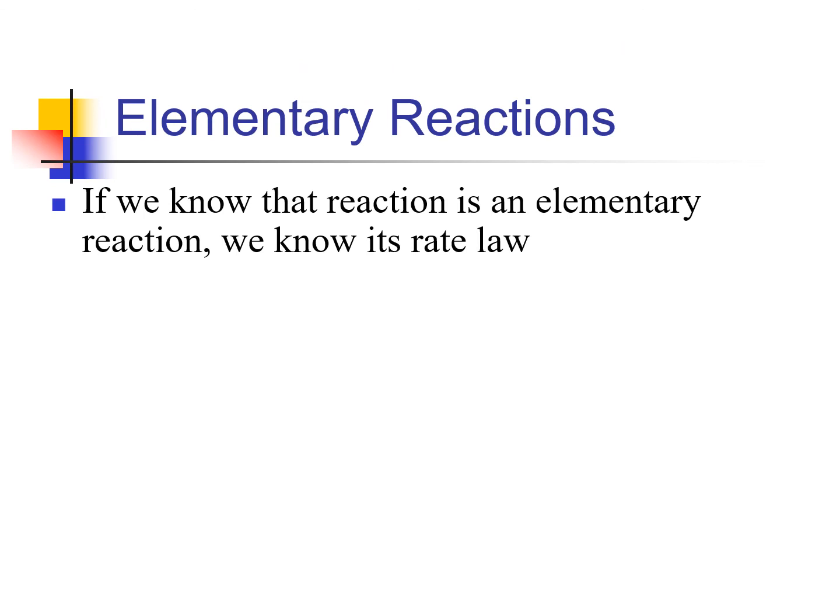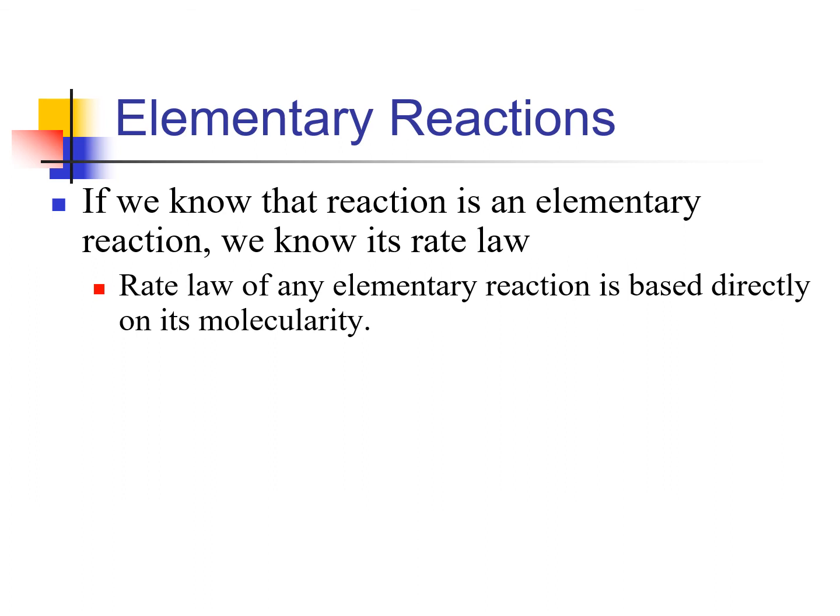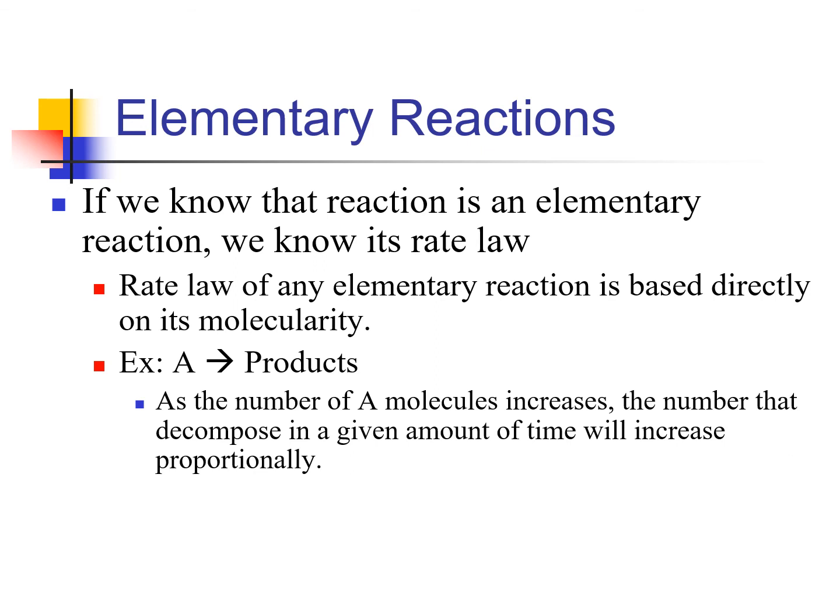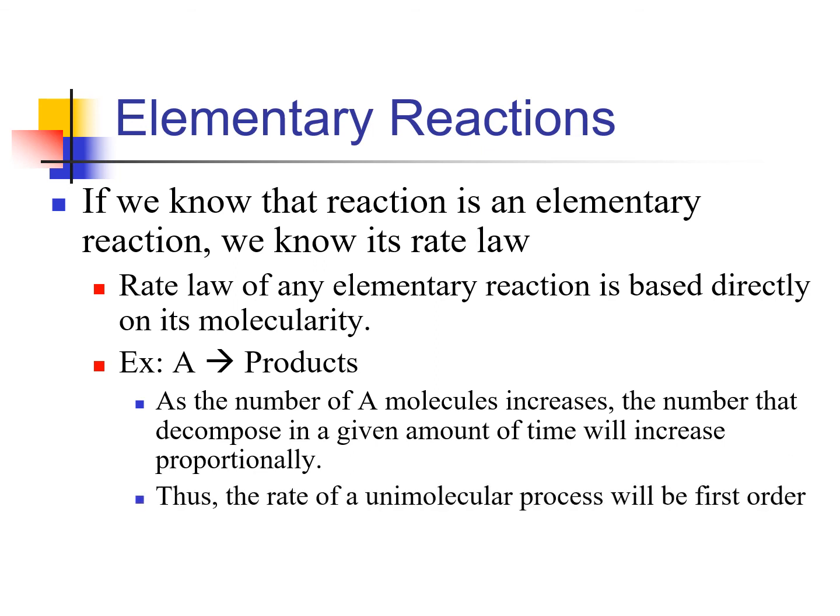And again, we only know if a reaction is elementary if we are told so. We can write the rate law of an elementary reaction based directly on its molecularity. So if it's just one molecule, unimolecular, that means it'll be first order.